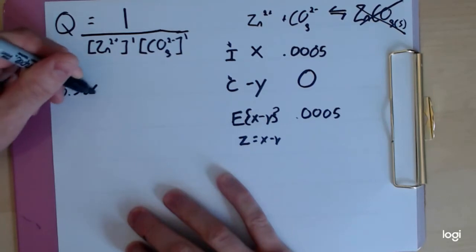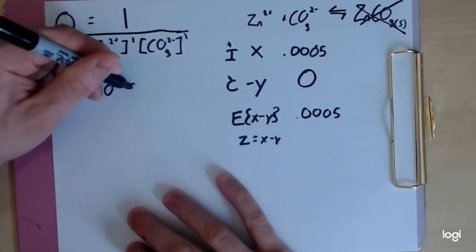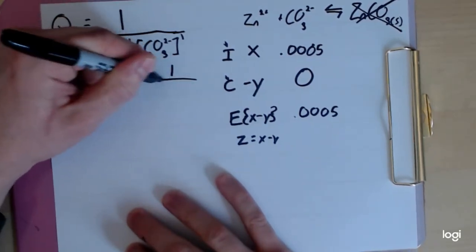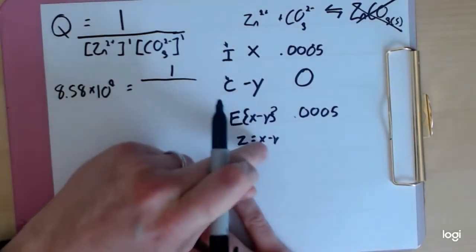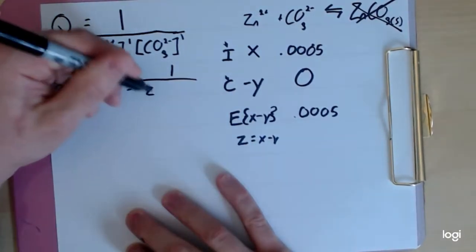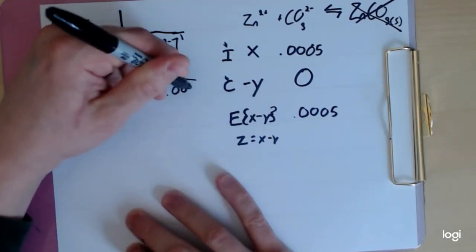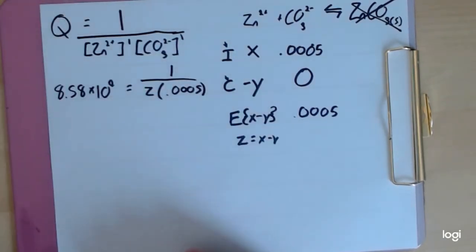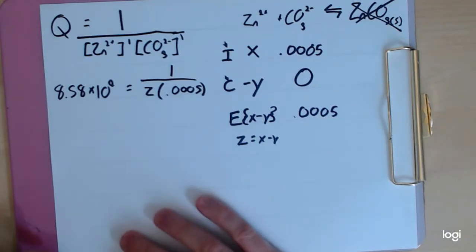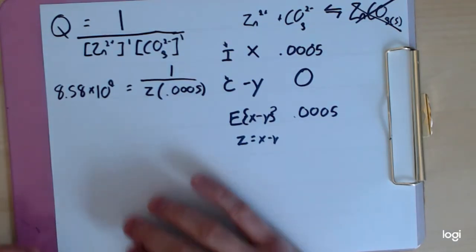So we have 8.58 times 10 to the 9th equals 1 over the expression for zinc, which is z, times the expression for carbonate, which is constant again, 0.0005. Now you can just rearrange this.